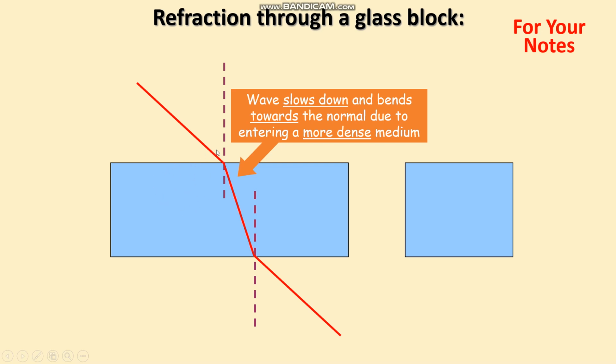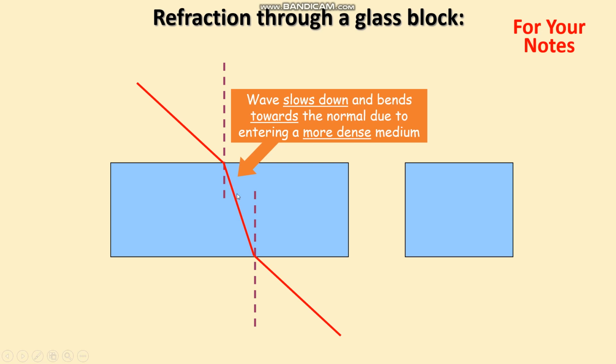It finds it harder to travel through glass than it does through air, and because of that it bends towards the normal. So whenever light travels from a less dense medium into a more dense medium, it's caused to slow down and bend towards the normal.